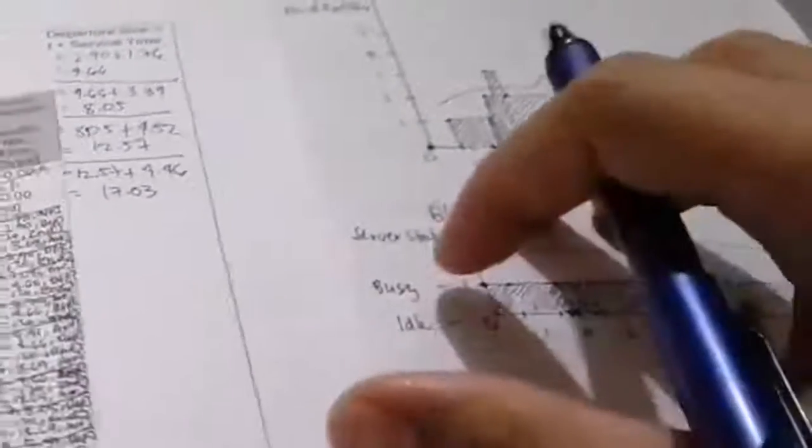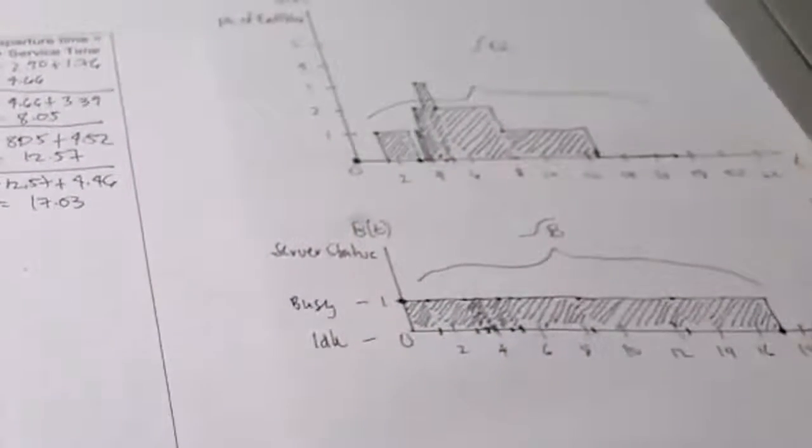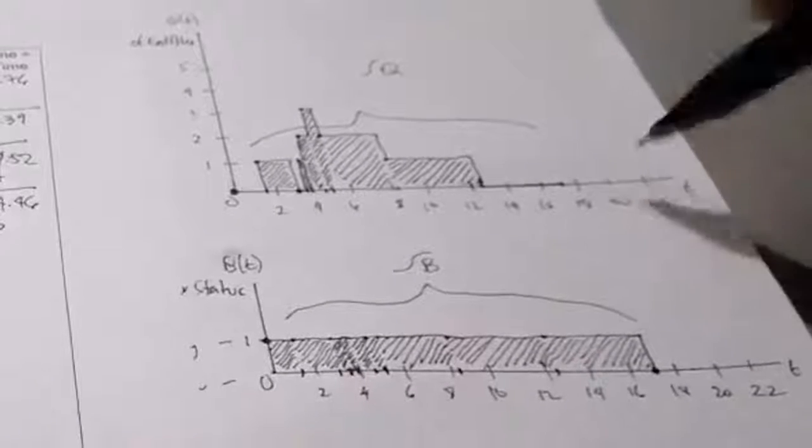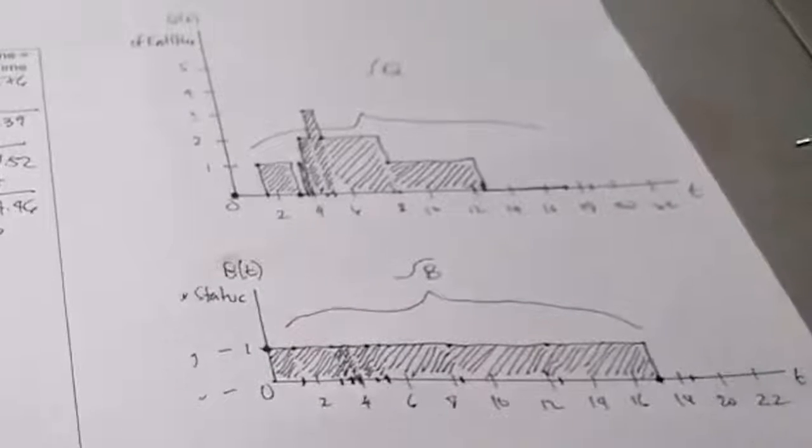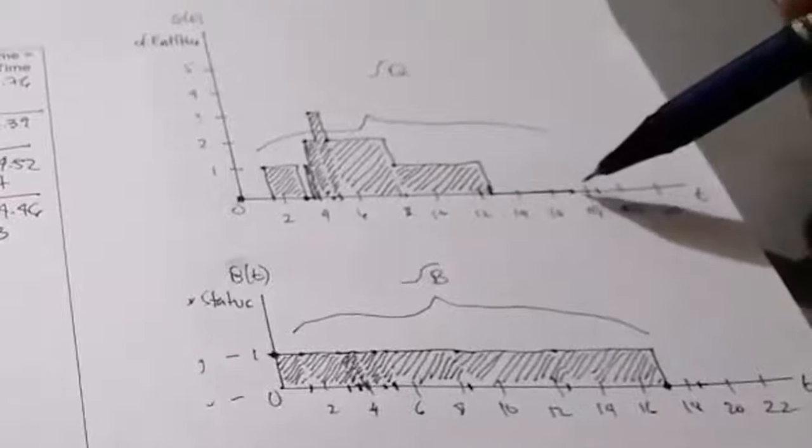So, 6 at time 18.69 arrival. Okay. Hindi na siya dumaan sa queue. Wait lang. Dito pala sa graph muna. 18.69 ay nandito banda dito. Okay. Hindi na dumaan si customer number 6 sa queue.